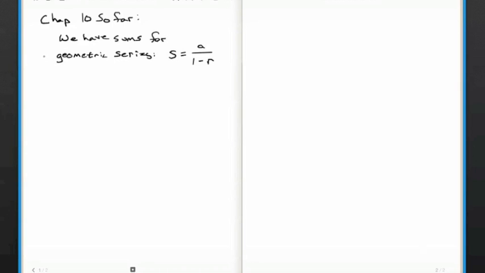The second one was the telescoping series, and there's a number of those that we investigated. There we found that the sum is simply the first term, because everything else goes away.